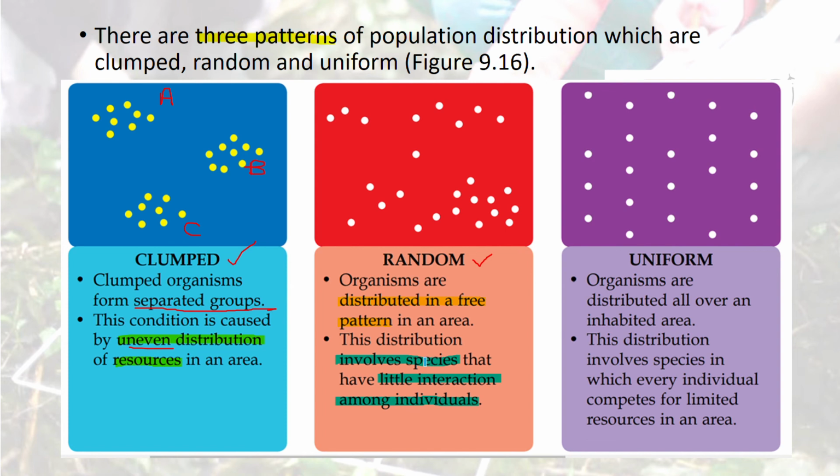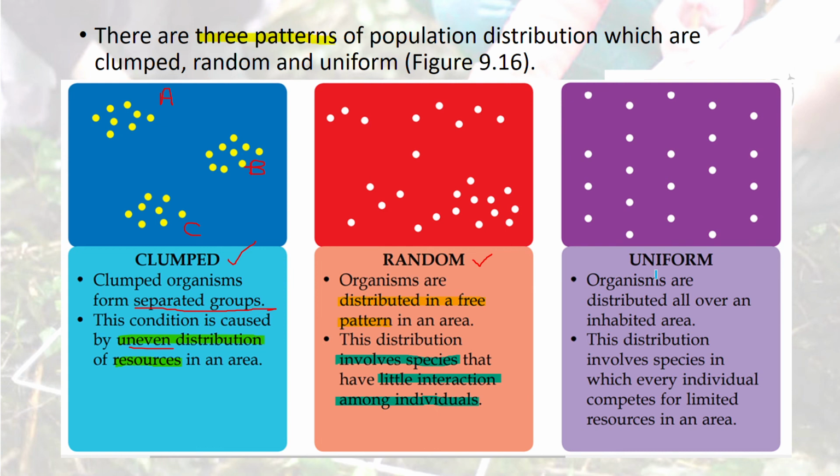Selalunya taburan begini tu, spesies tersebut mereka adalah yang kebergantungan itu adalah kurang ataupun kurang interaksi sesama individu tersebut. Kurang interaksi. So that's why they don't come together as a group, but then they are freely distributed. The pattern of distribution is random. Okay, spesies dengan interaksi yang kurang bersama dengan organisma atau individu lain.